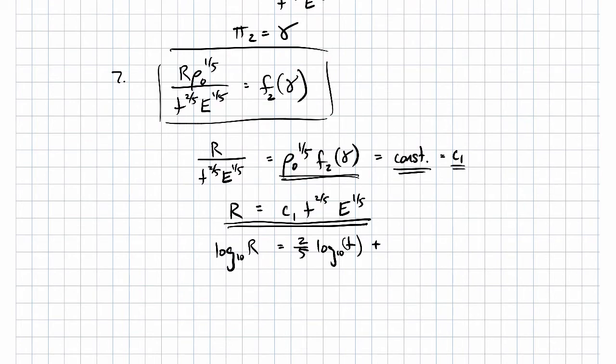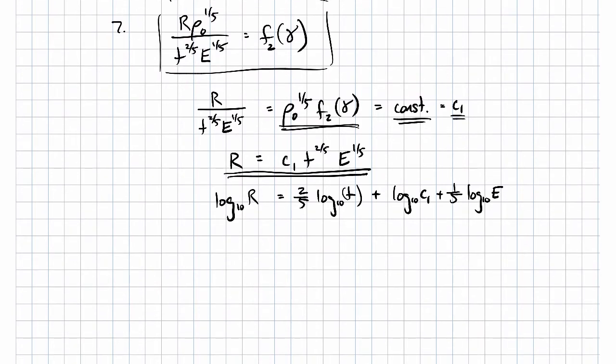So this will end up looking like log base 10 of C1 plus 1/5 log base 10 of E. And then let me go ahead and, I guess I didn't really combine the C and the E, I just rearranged them. And then let me multiply by 5/2, again, I'm just trying to get to the same form that G.I. Taylor had. So he multiplied by 5/2, so that you're left with this kind of expression.